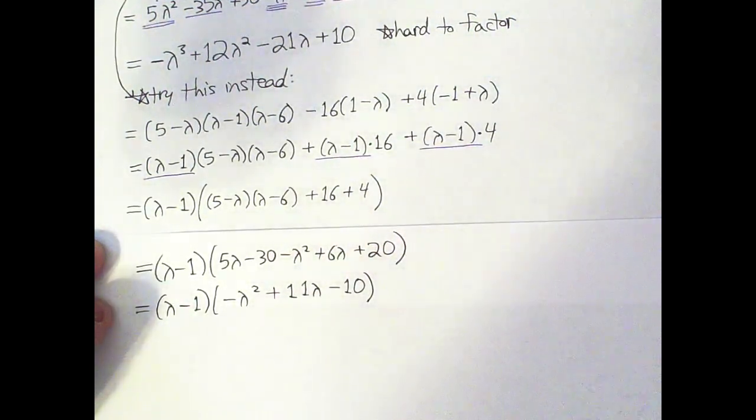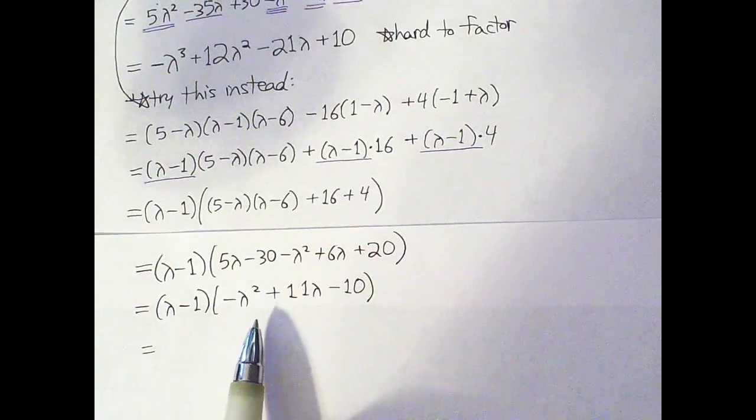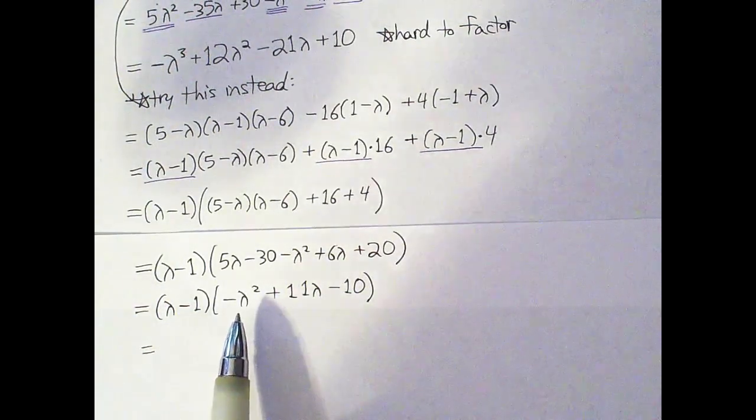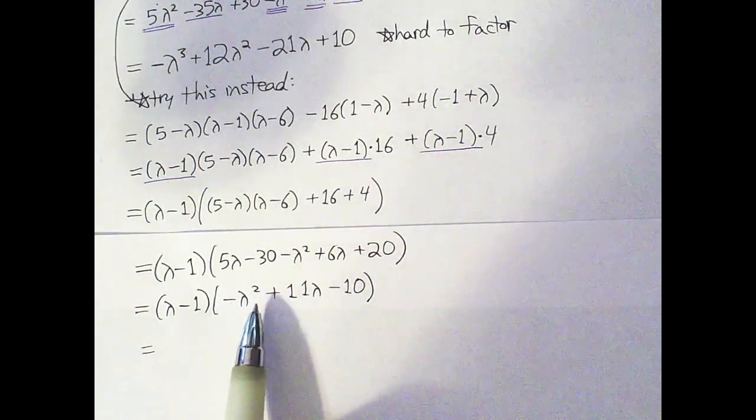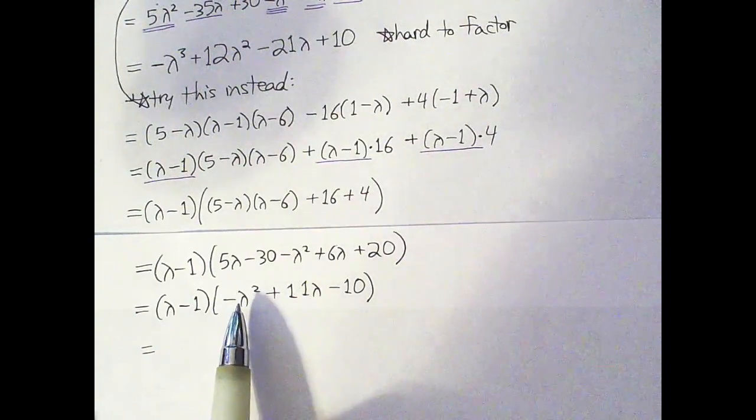Okay. So, I like this form better. You know what I don't like, though? When I'm trying to factor polynomials, if there's a negative out front in front of the squared term, I usually try to pull that negative out or flip the sign. Here's what I'm going to do.